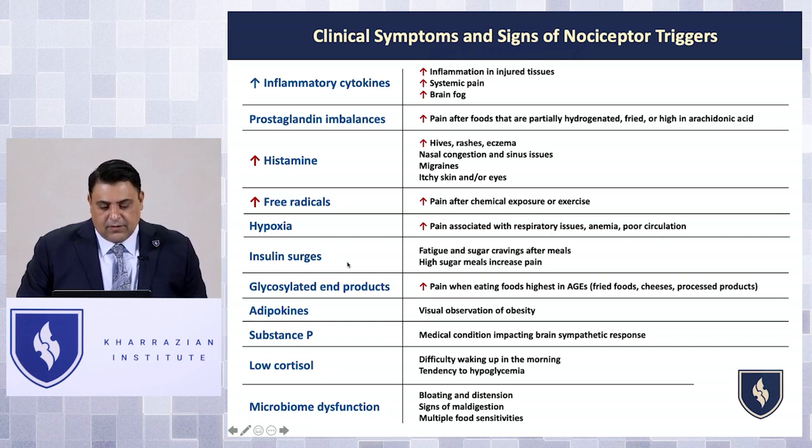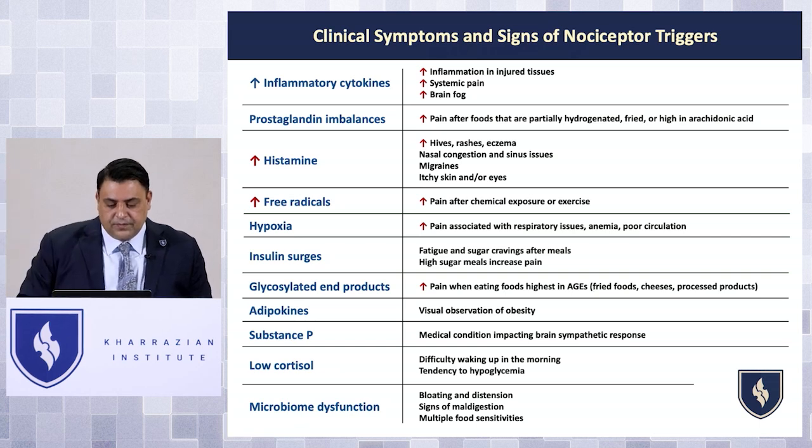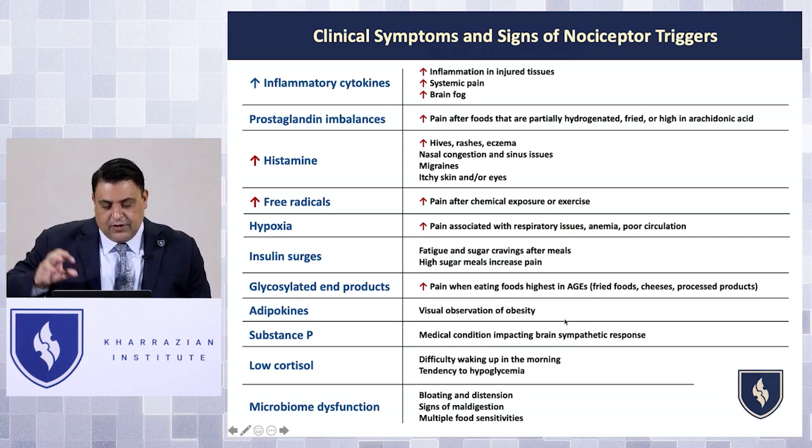Insulin surge patterns, there's fatigue and sugar cravings after meals, and high sugar meals increase pain. With glycosylated end products, increased pain when eating foods highest in advanced glycation end products. Remember, foods like fried food, cheese, and processed products are also glycated. So anytime you eat food that's been browned or bronzed, that makes it taste great, but those are glycosylated end products.